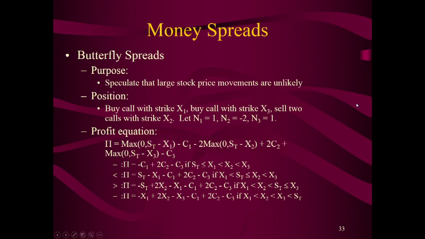So we go through the profit formula first. So you know that large stock prices are unlikely, so you use a neutral strategy, right? Now, remember, if large stock prices are unlikely, then you would choose strike prices which are close to at the money strikes, right? Because it's not going to deviate by much.